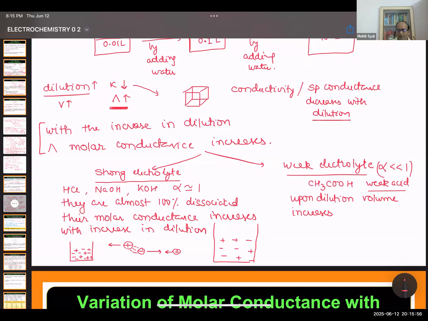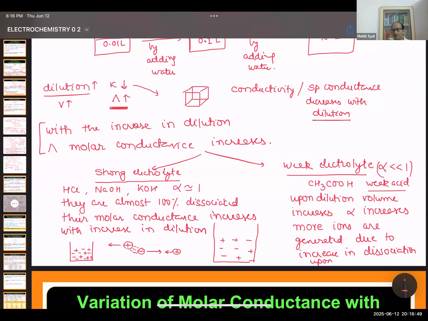But as you are putting more and more water, the volume of the solvent is increasing. Alpha increases. More ions are generated due to increase in dissociation upon dilution.